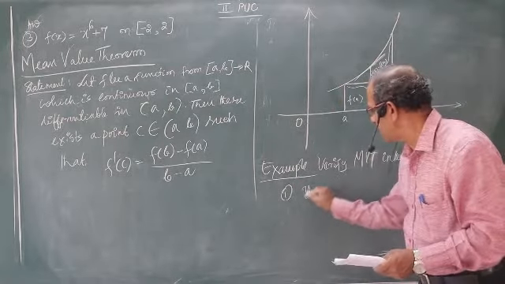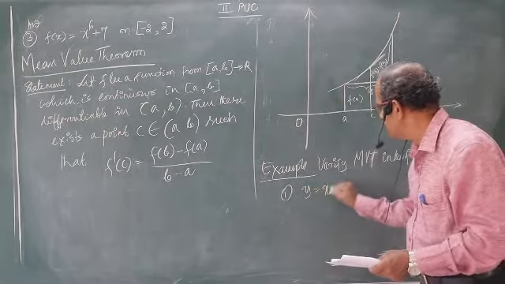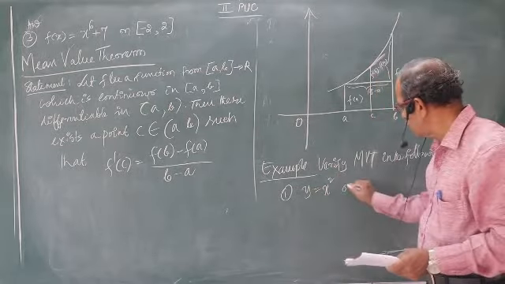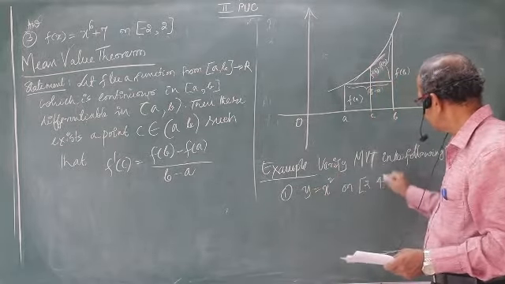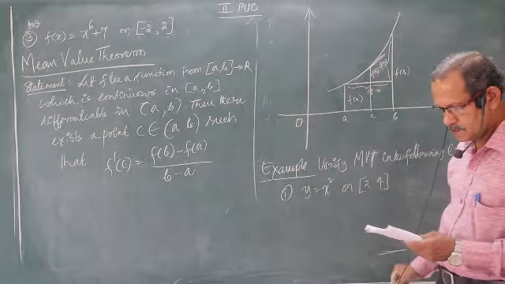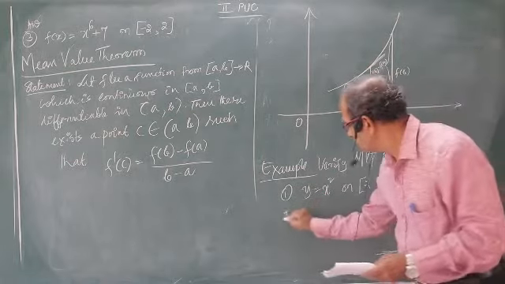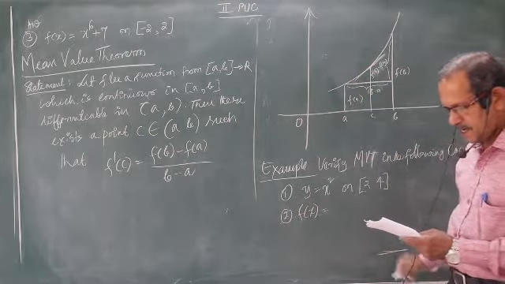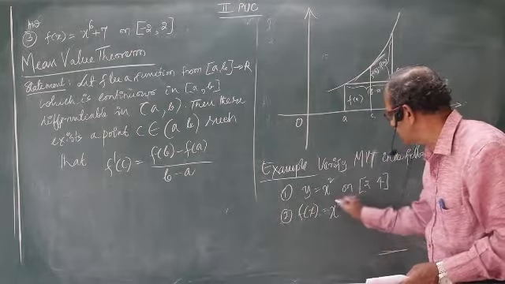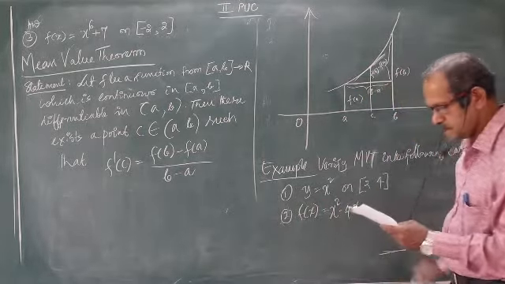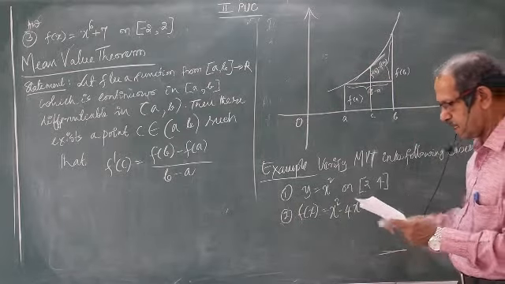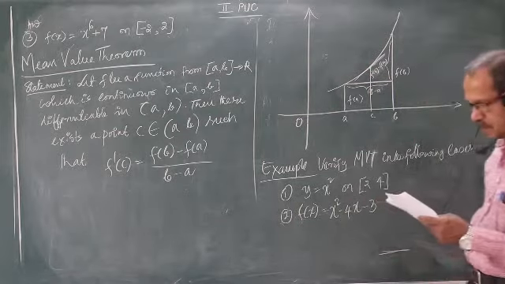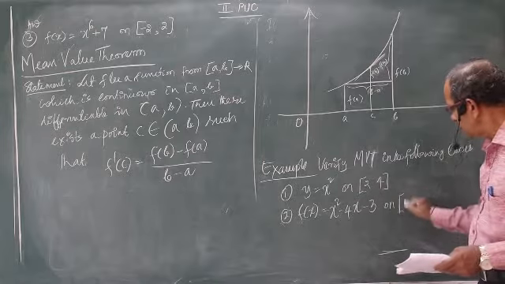y equal to x square on 2, 4. f of x equal to x square minus 4x minus 3 on 1, 4.